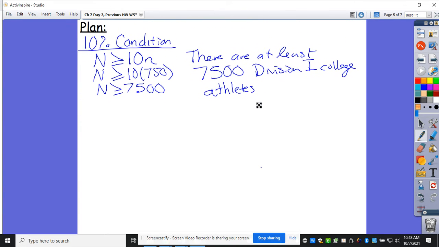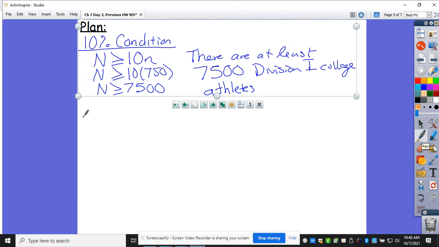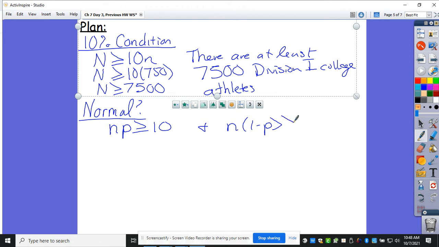What's my next condition? How do I check for that? If np is greater than 10. What's my n? What's p?